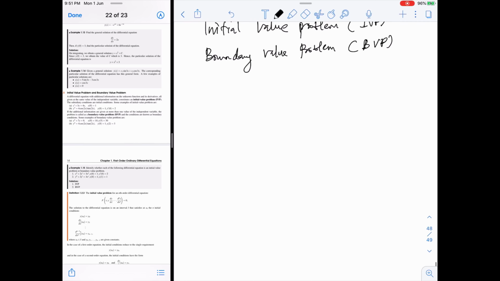So how do you recognize initial value problems or boundary value problems? You need to look at their subsidiary conditions.